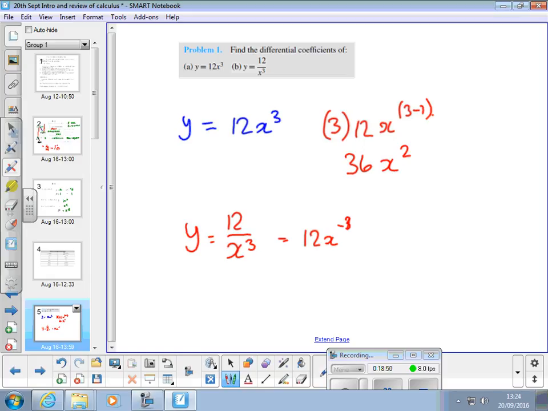If you can't remember how and why that happens, I think that's in chapter 5 of the Bird book, the section on algebra and laws of indices. And then what we do is we bring the minus 3 down, multiply that by the 12, x to the minus 3 minus 1. And then again, multiply out, minus 36, x to the power of minus 4.